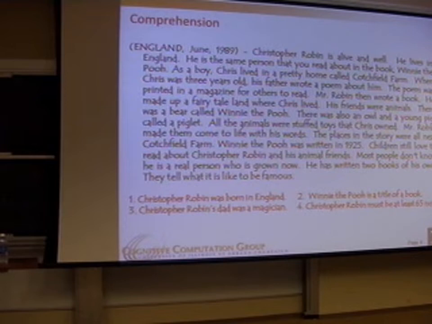So the question is, are these statements correct in the context of this story? You can see that in order to address each one of these inference questions, or any other question you have about the story, you have to understand a lot of things. For example, there's Christopher Robin, Chris, Mr. Robin. Is this the same person?